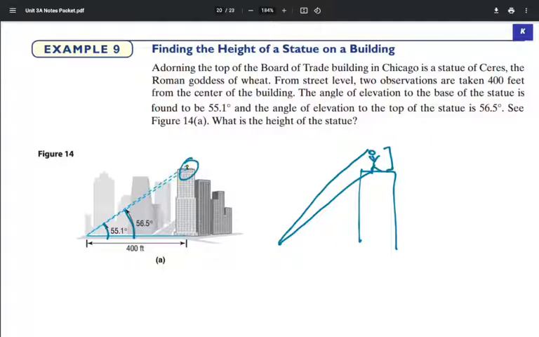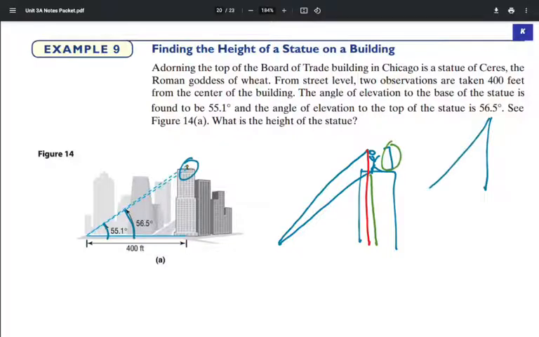So basically you're going to be thinking about your height from the top right here, and then your height from the bottom of that statue, which would be from right here. And then you're going to subtract those two to get this height right there. So you should really just be thinking about two separate triangles.